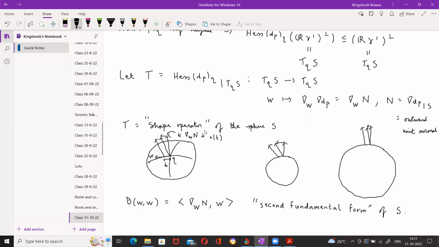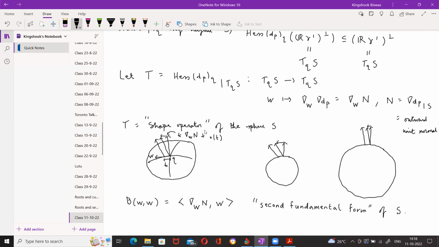This quadratic form comes from a bilinear form, B of W, V, which is the inner product of nabla W n with V. That's the bilinear form associated to the shape operator. Is it clear?